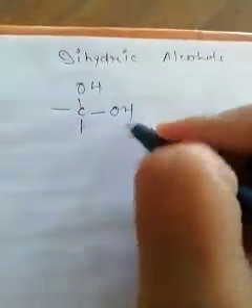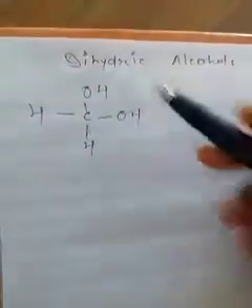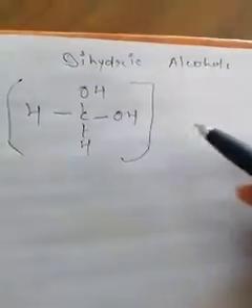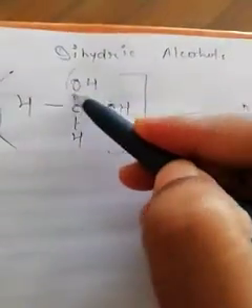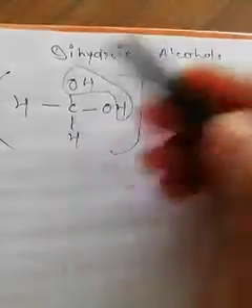But in a dihydric alcohol, it is necessary that the hydroxyl groups should not be present on the same carbon atom. Why is it so? Suppose one carbon carries two hydroxyl groups, then what happens? It becomes very unstable, and immediately to get stability it loses a water molecule.